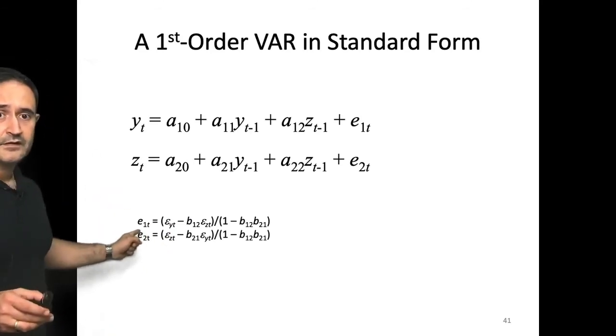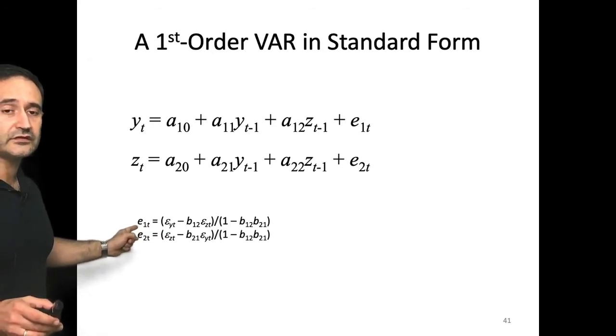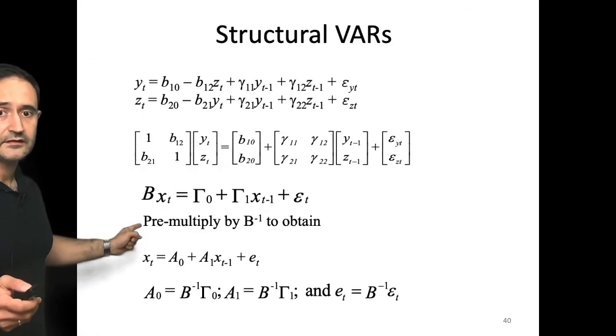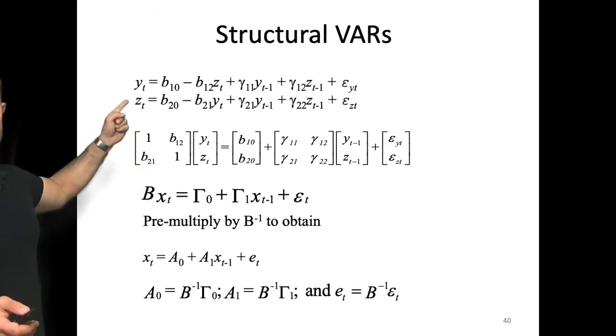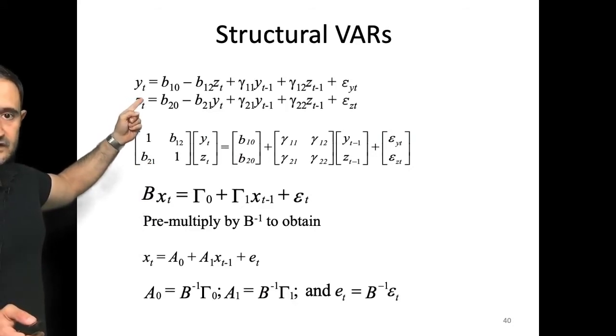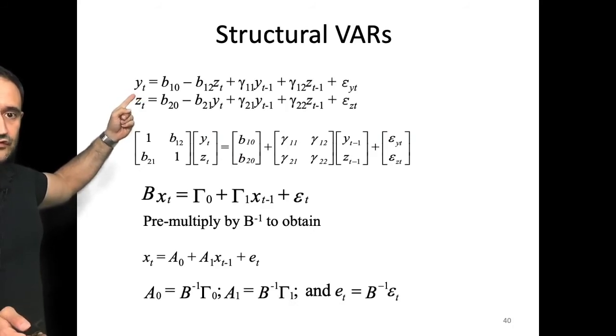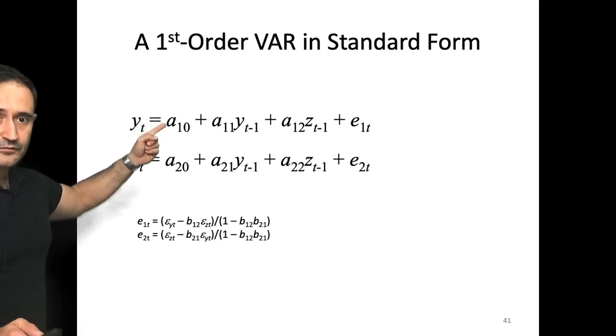If we go back for a second, you see on those equations at the end we have epsilon of yt and epsilon of zt. Those are the shocks of the structural models, and those epsilons are not observable.